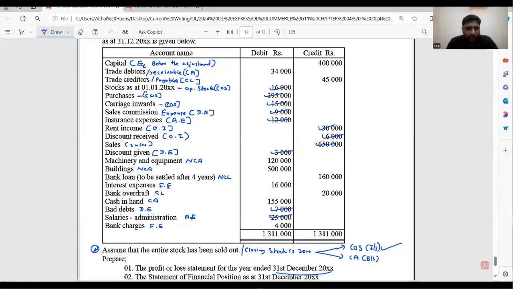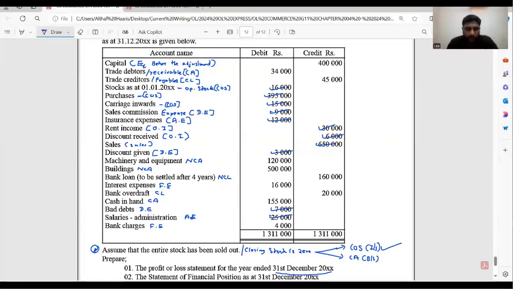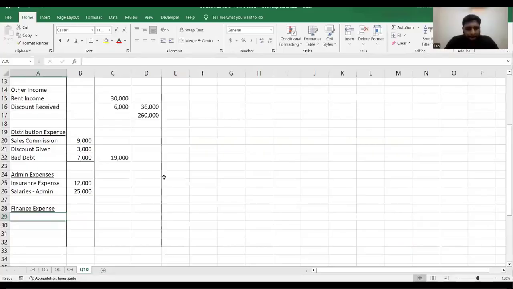That is also done. In this question, no other expenses, so we can move to the finance expenses. You have interest expense 16,000.